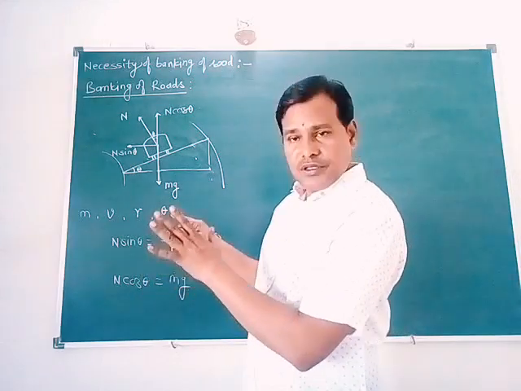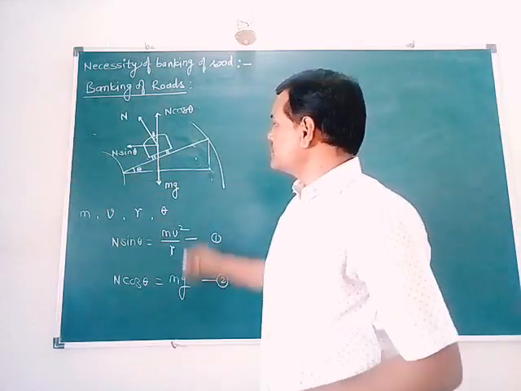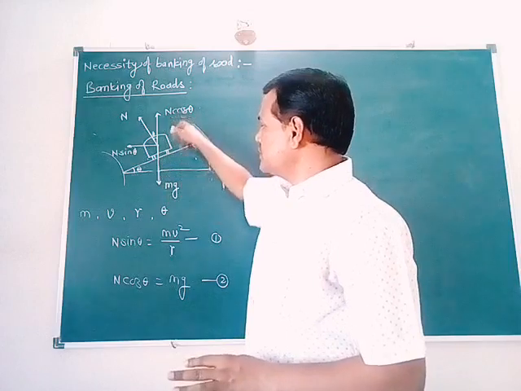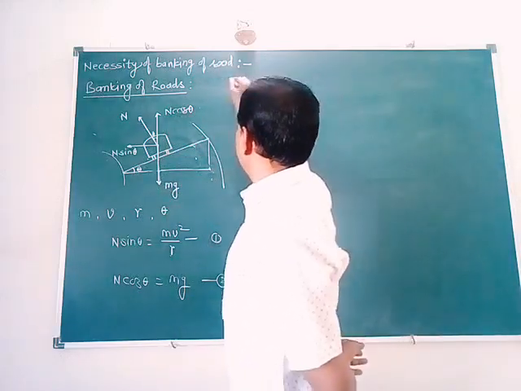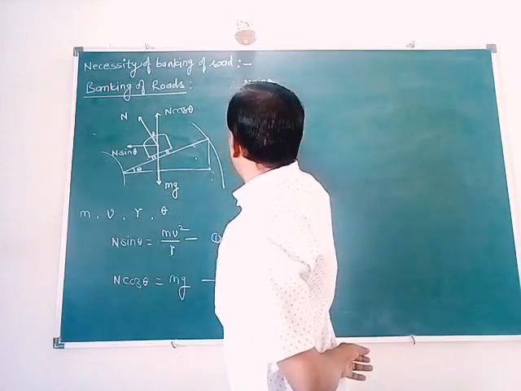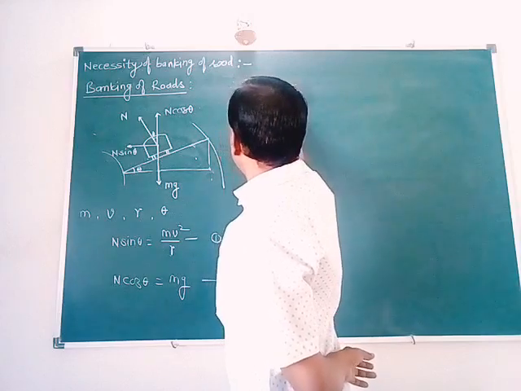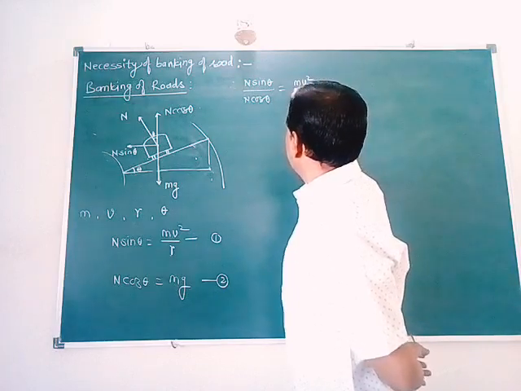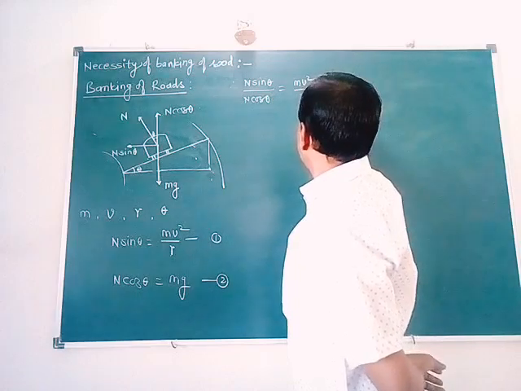So first, excluding friction, this n sin theta provides centripetal force and n cos theta, opposed to this mg, balances the weight mg. Now dividing equation 1 by 2, you can write n sin theta divided by n cos theta is equal to m v square upon r into 1 by mg.